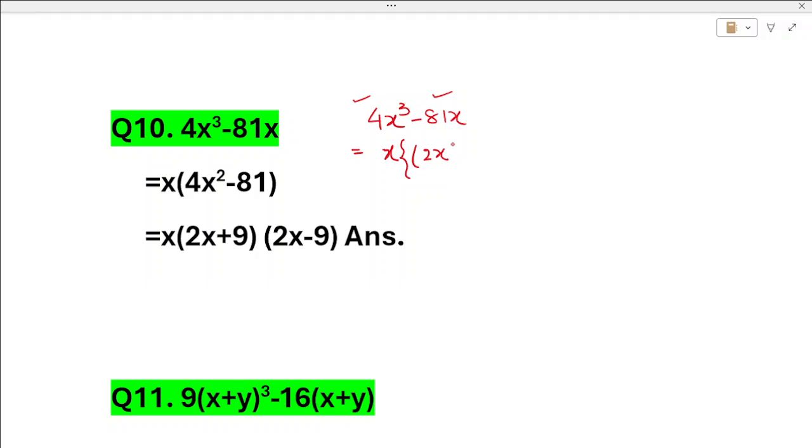I'm directly expressing it as this minus 9 square. I hope you understood. Correct. Now x times 2x minus 9, not 3, and 2x plus 9. Answer.